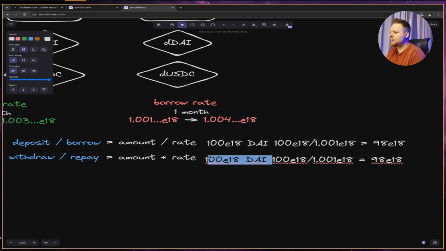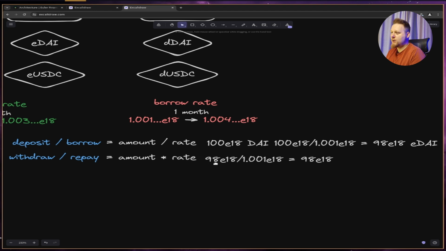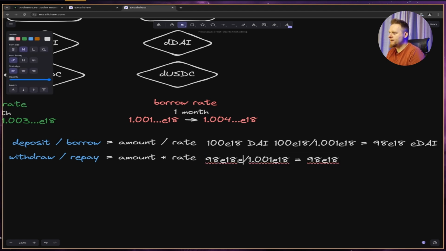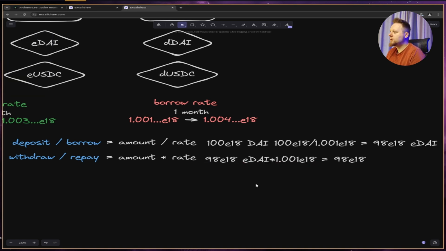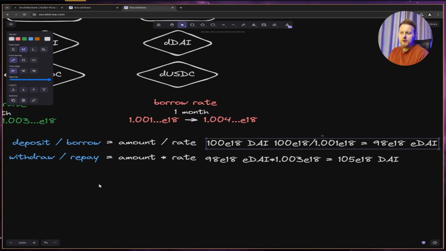Say you have your 98, and I'll add that this is E DAI, your equity DAI. Now you multiply it by the current multiplier, and let's say you will have 105 DAI in return. So this is how the global calculator generally works in the protocols.